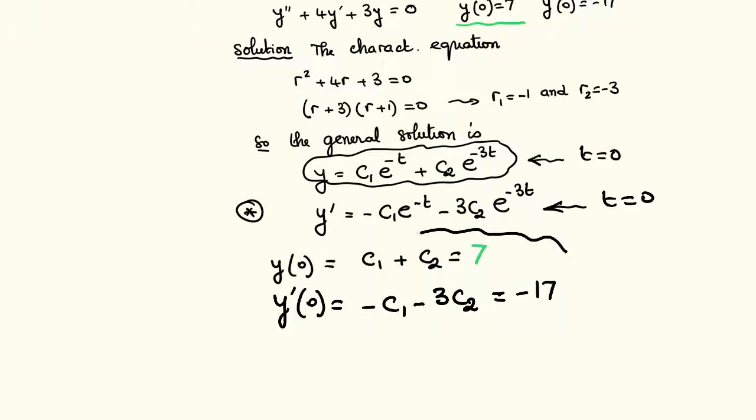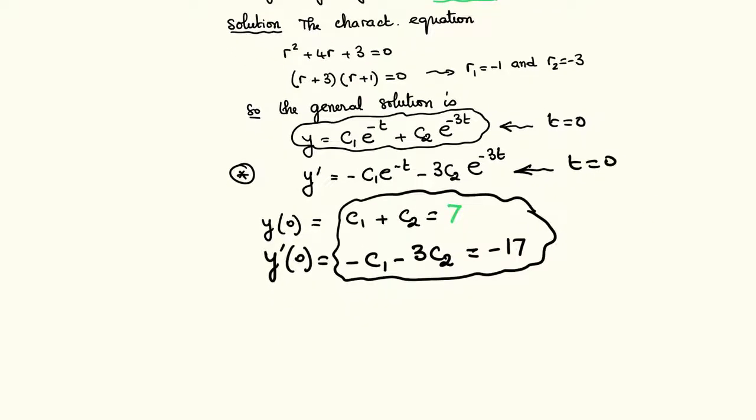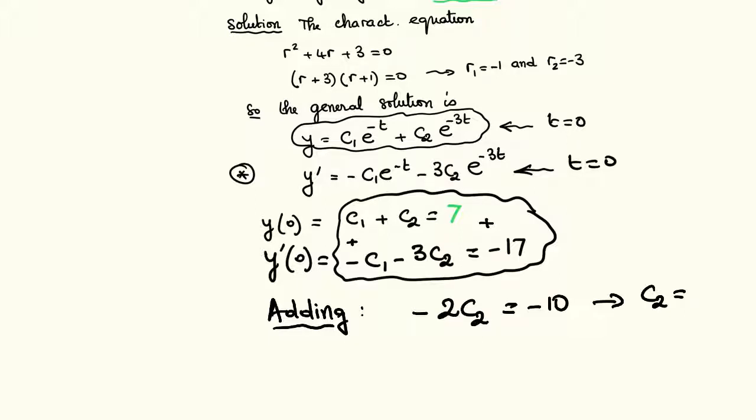So what I have is a system of two linear equations with two variables, and we need to solve that. Okay, if I add these two equations, I add both sides, then the c1s will cancel. So adding will give us minus 2 c2 on this side equal to minus 10, which means that c2 is minus 10 divided by minus 2, so that will be 5.